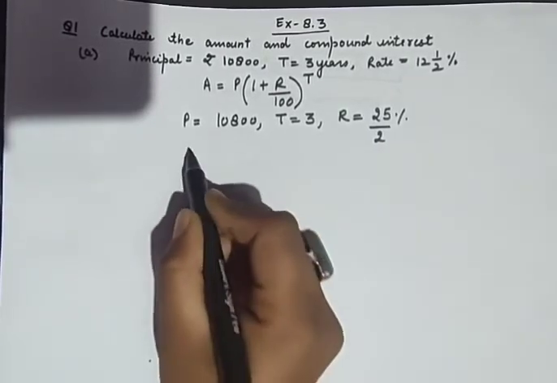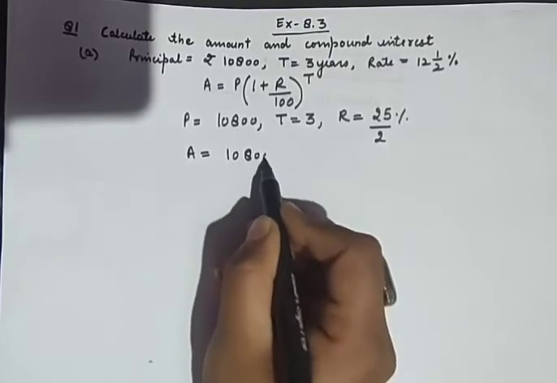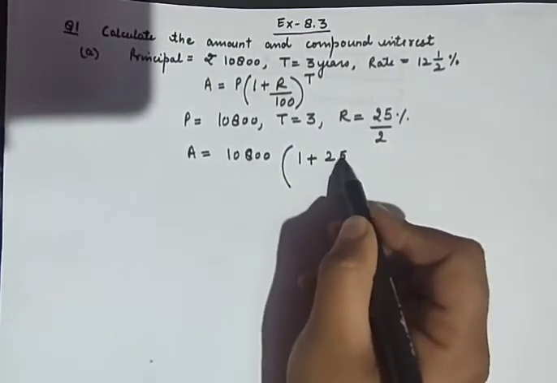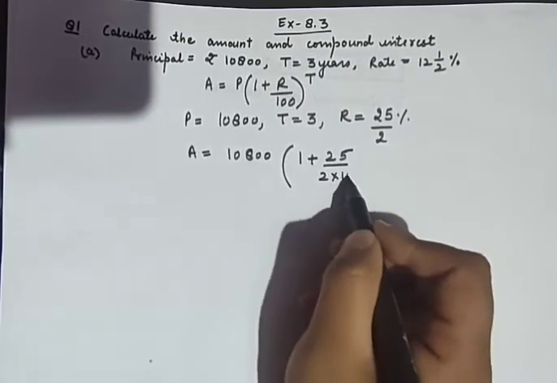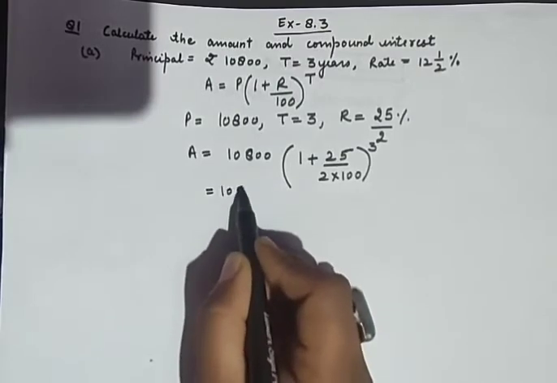So let us put all these values here. In the place of P, I will put 10800, (1 plus 25 upon 2 into 100) raised to power 3. So let's calculate.